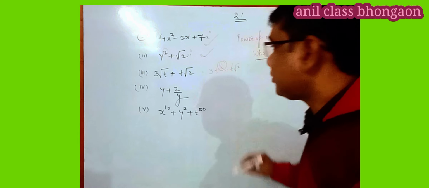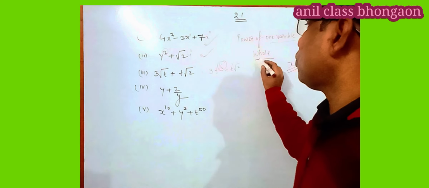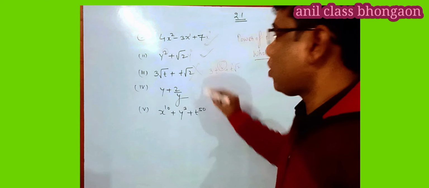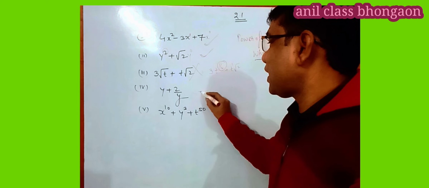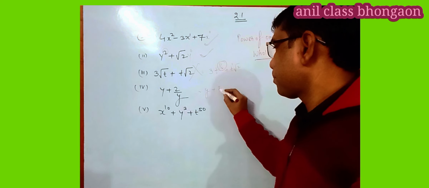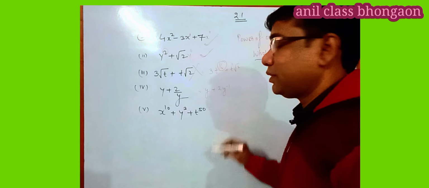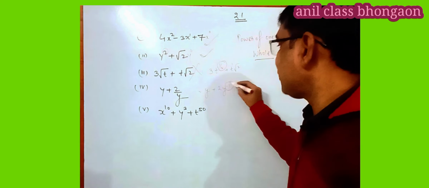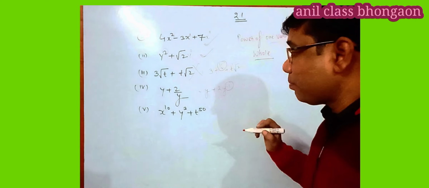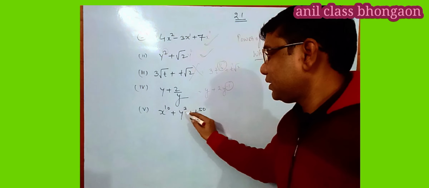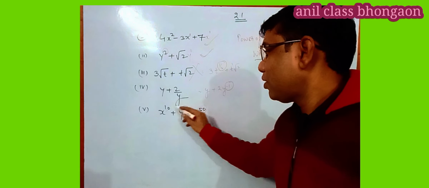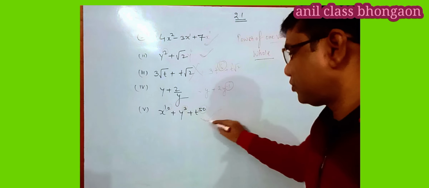Now the power is 1 by 2, not a whole number, so this does not belong. And you also write 2 upon y minus 1. So here the power is not a whole number, and this is also not a whole number, so this does not belong.